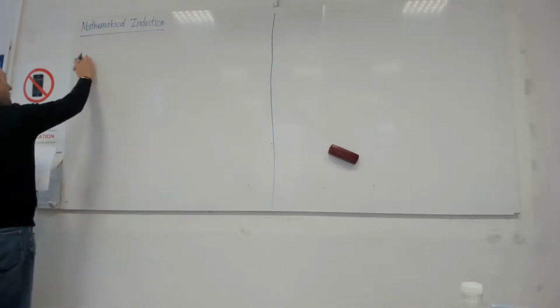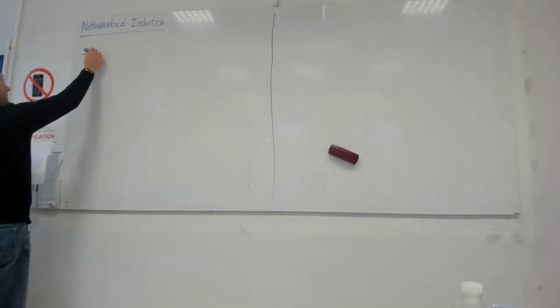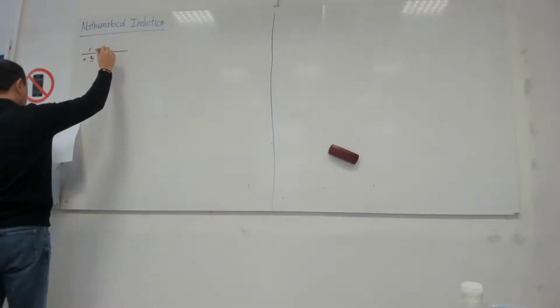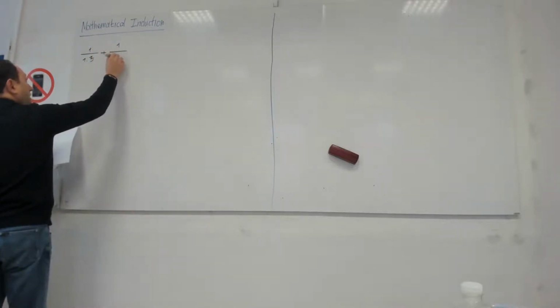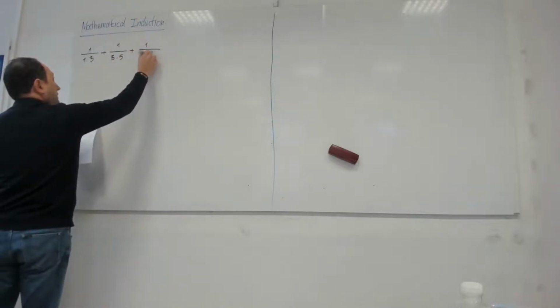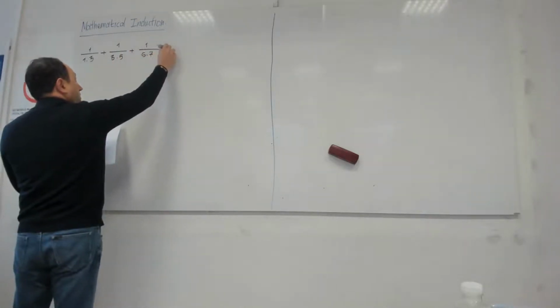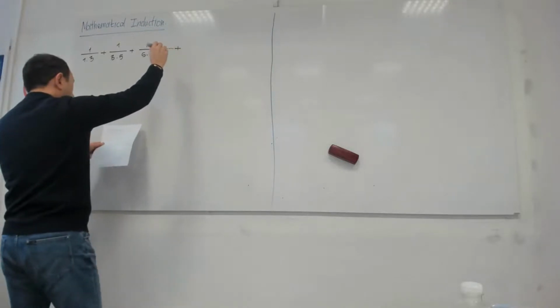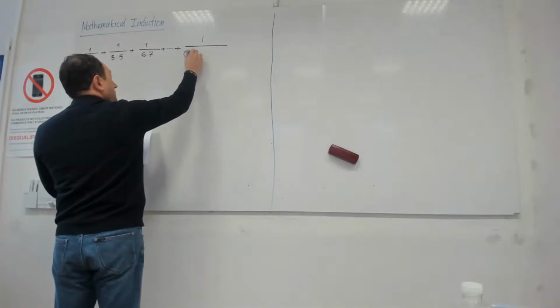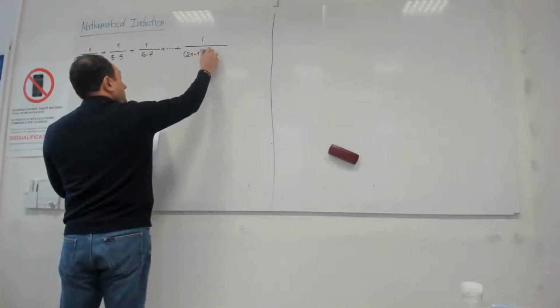We want to prove this. 1 divided by 1 times 3 plus 1 divided by 3 times 5 plus 1 divided by 5 times 7. And we continue this pattern up to 1 divided by 2n minus 1 times 2n plus 1.